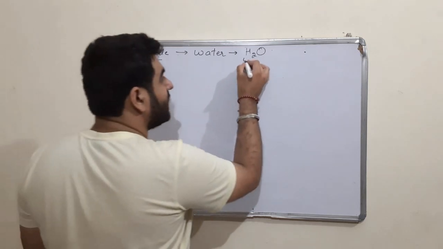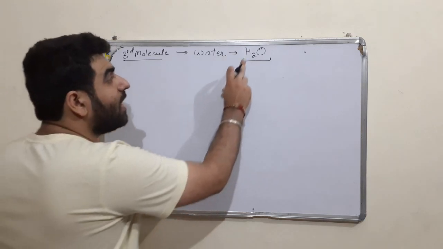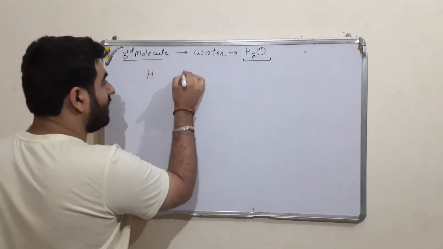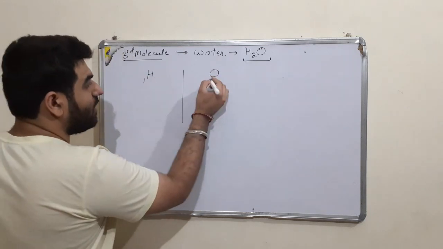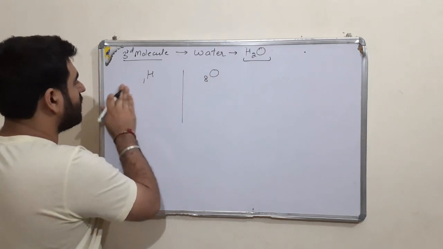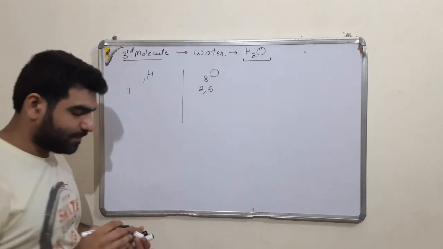Now, let us see whether both of them are non-metals or one is metal, other is non-metal. Hydrogen and oxygen, both of them are non-metals, so they will lead to the formation of the covalent bond. Hydrogen is 1, oxygen is 8, so 2, 6. So hydrogen is 1, oxygen is 2, 6.